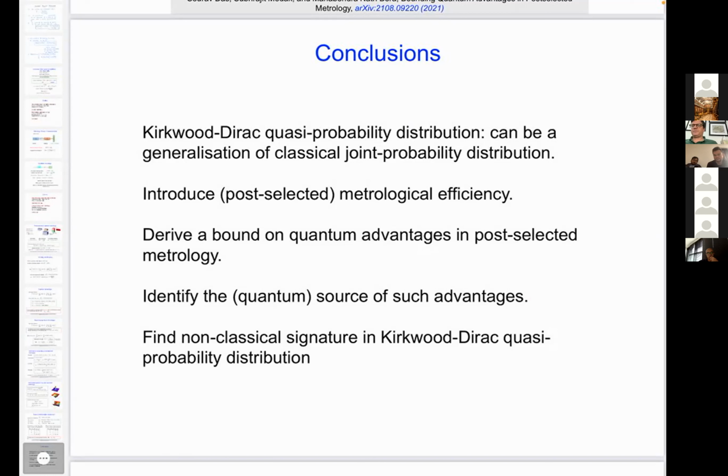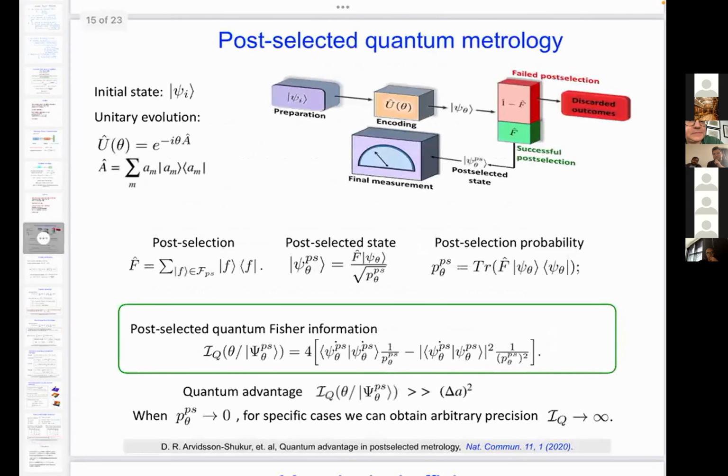Yes. Okay. So it's all this very fancy concept, but if I understand, you have some parameter theta, and you want to find it, and you have some quantum probe which you put in interaction with this system which has this theta, right?